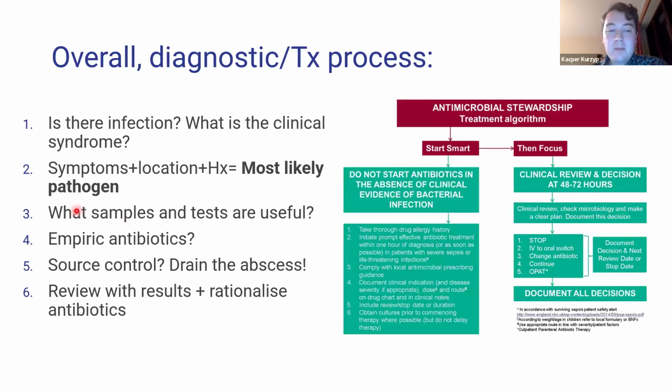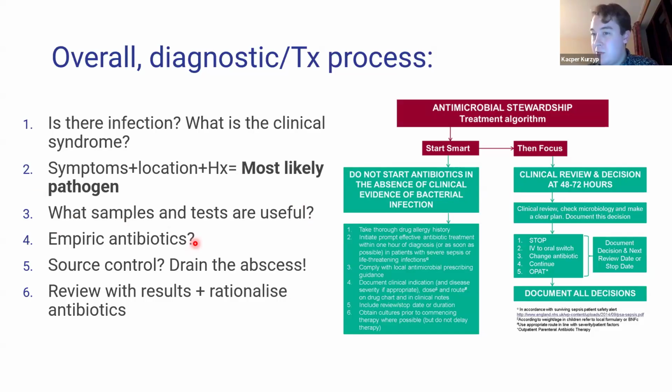Now, even before we get the results, as those will typically take a few days, if you are thinking bacterial, you will do empiric antibiotics. And that's why knowing the most likely pathogen is important, as you will be able to do targeted broad spectrum antibiotics.